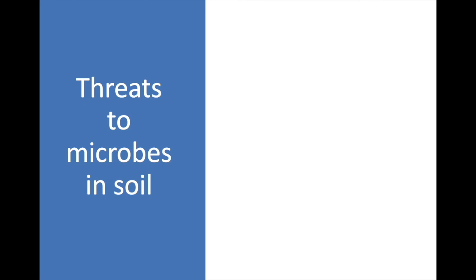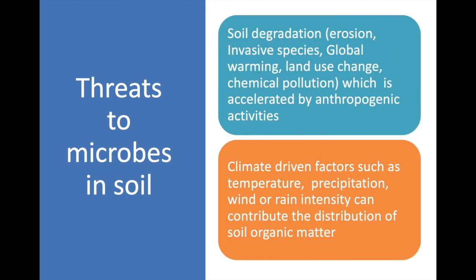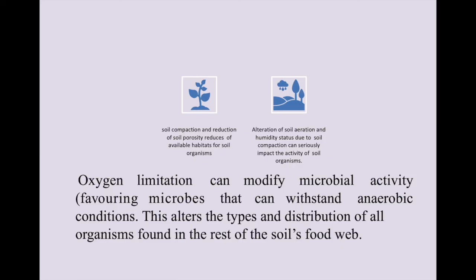Now, these are the threats to microbes in soil. Soil degradation, which is the erosion, invasive species, global warming, land use change, chemical pollution. These are accelerated by anthropogenic activities, by human activities, and climate-driven factors such as temperature, precipitation, wind, or rain intensity can contribute to the distribution of the soil organic matter.